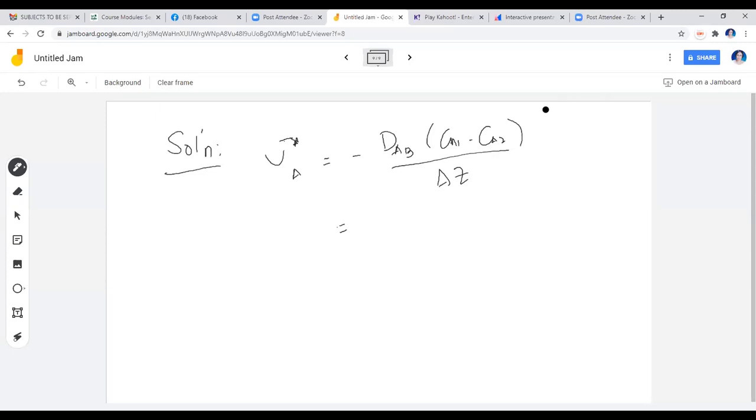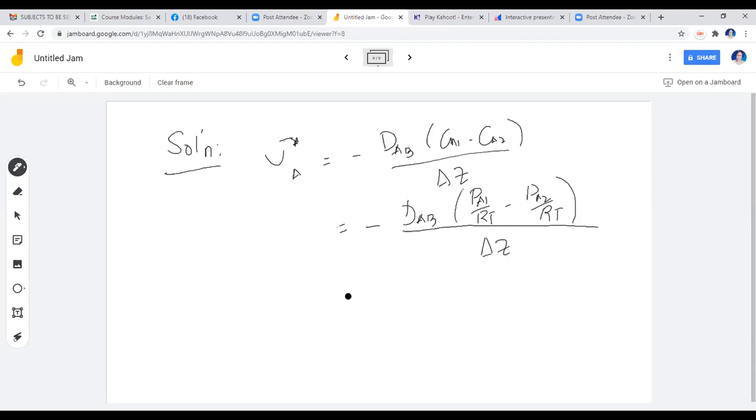So in terms of partial pressure, this concentration can be written as, so we copy the molar diffusivity. And based on the formula that we got a while ago, this one is P_A1 over RT minus P_A2 over RT. And we have delta Z here.